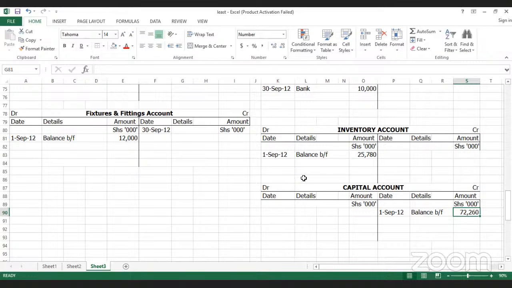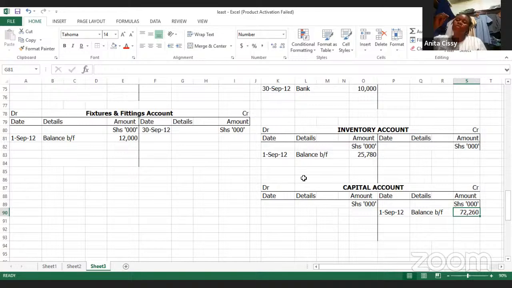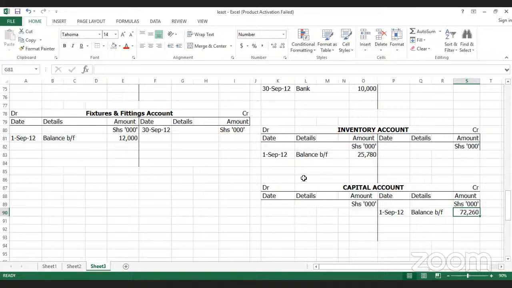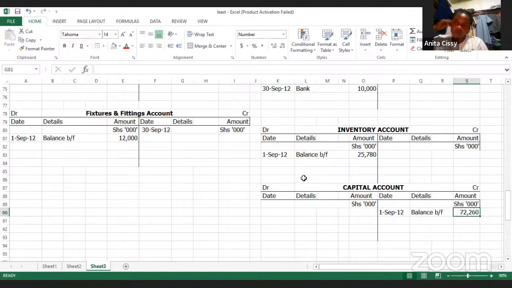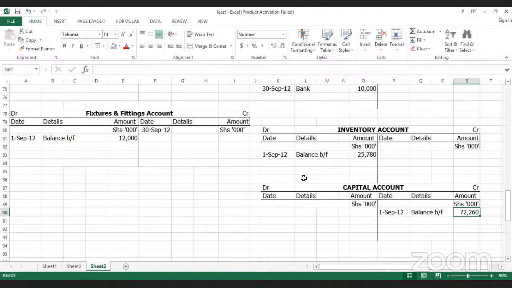As you're finding the totals, you don't need to write anything in the account at this stage. So get your calculator, total up the debit side and the credit side, then note those totals somewhere aside.